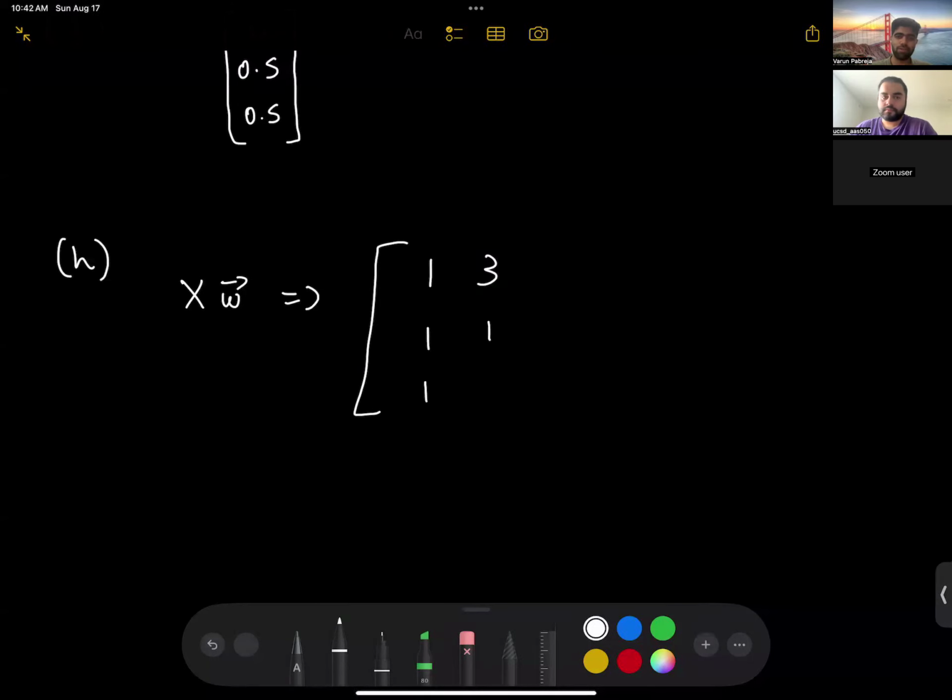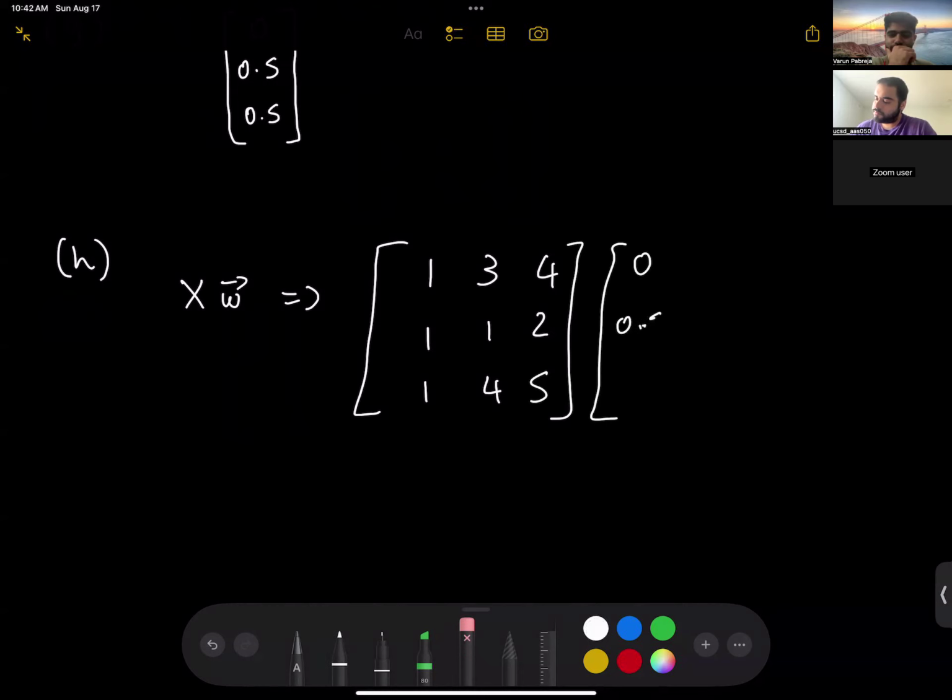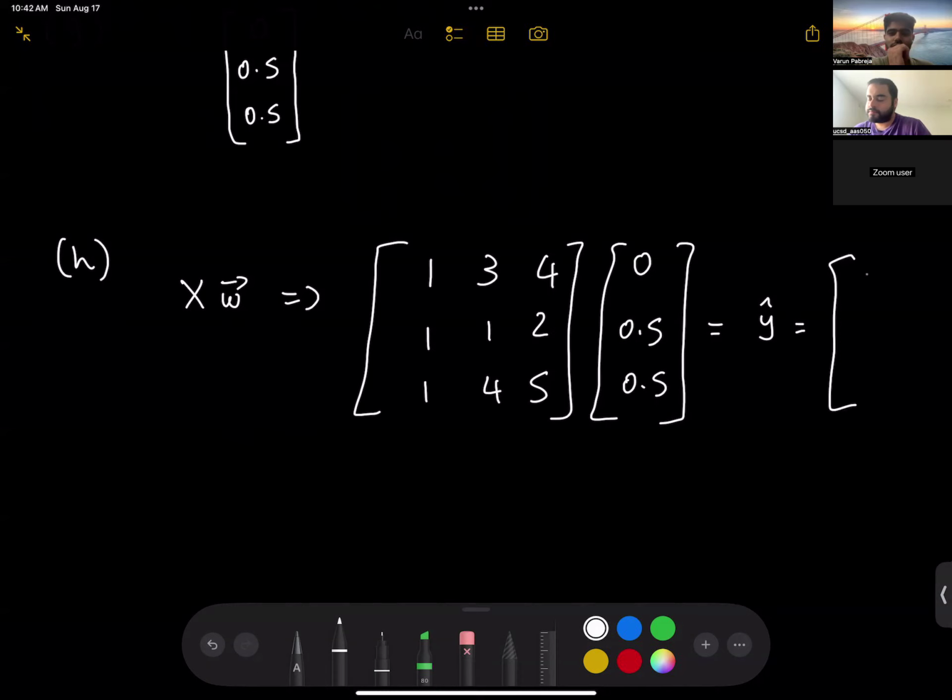Just write that ŷ is equal to 3.5, 1.5, and 4.5. Is equal to ŷ, right? Yeah, it's equal to 3.5, 1.5, and 4.5.